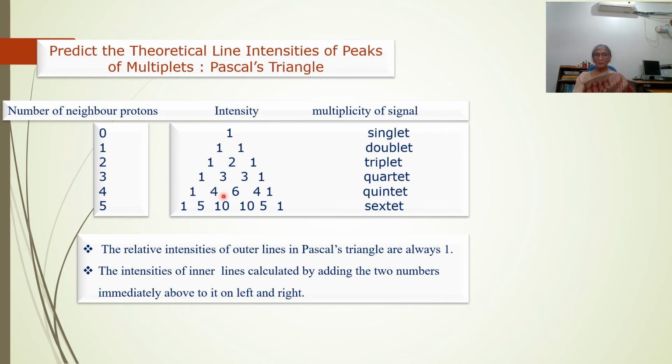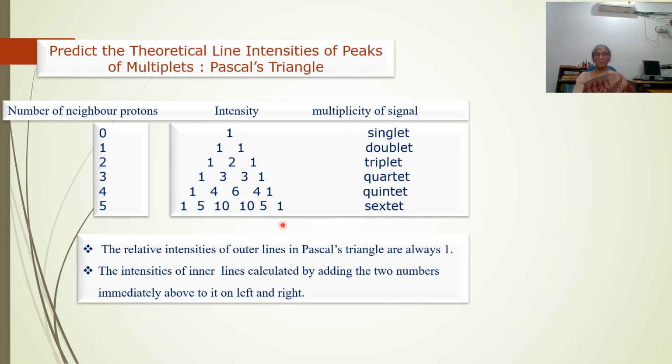For another peak, right hand side is 3, left hand side is 3, so the intensity will be 6. Then right hand side is 1 and left hand side is 3, 3 plus 1 is 4. So in a quintet, the multiplicity is 5, and the relative intensity will be 1:4:6:4:1. In this manner, you can extend the Pascal triangle and determine the relative intensity of the peaks from this triangle.